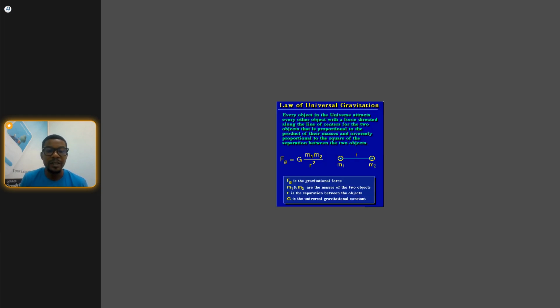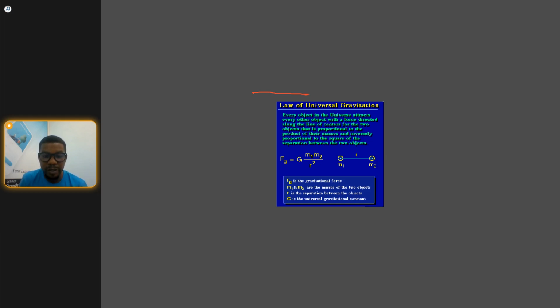Okay, so this is the law of universal gravitation. What does it state? It says every object in the universe attracts, we need to underline the key points, every object in the universe. So every object experiences gravitational force.